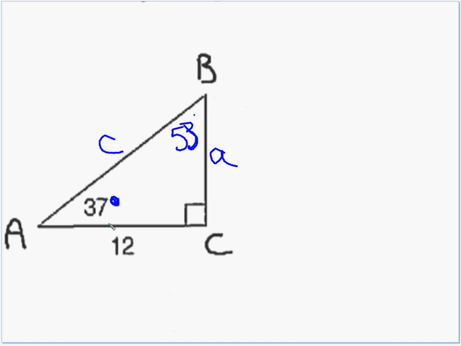So let's see, if we're down here at the 37-degree angle, we do touch the 12 side. So that would be the adjacent side. And we're looking for the hypotenuse here. So I could use a sine of 37. Ooh, no, my bad. Cos.